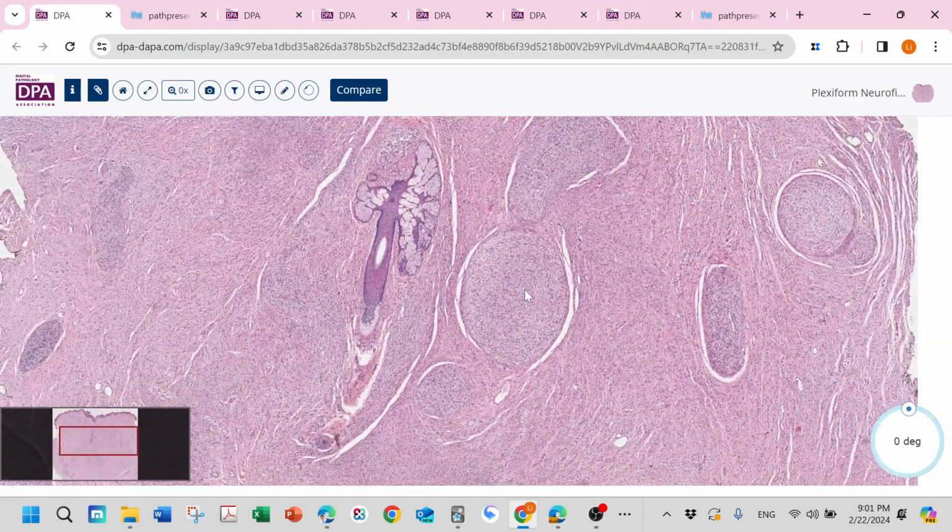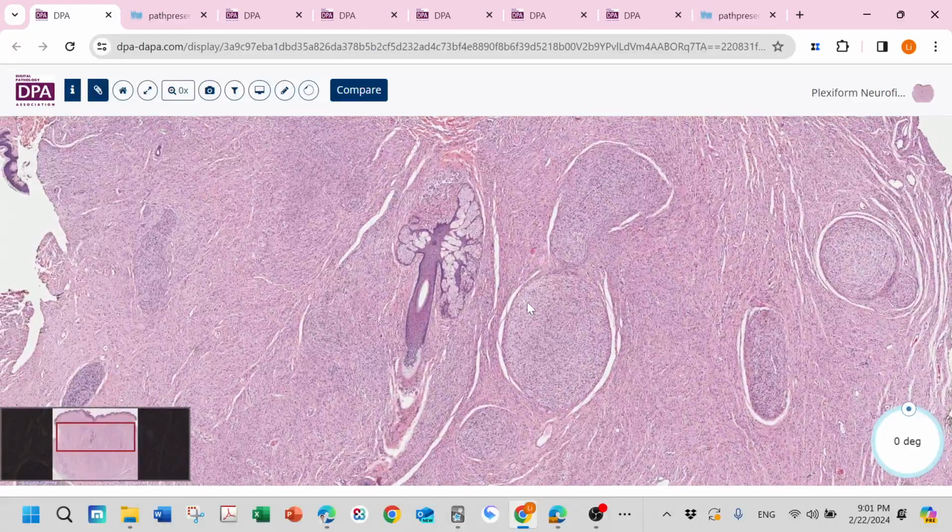But plexiform neurofibroma is not a microscopic diagnosis, because when you diagnose a patient as plexiform neurofibroma, that means you clearly tell the clinician that this patient has NF1 neurofibromatosis syndrome.